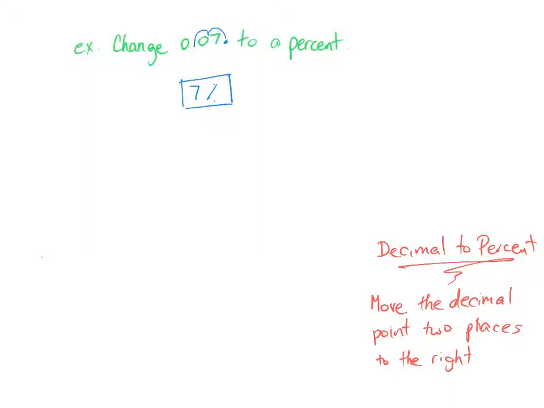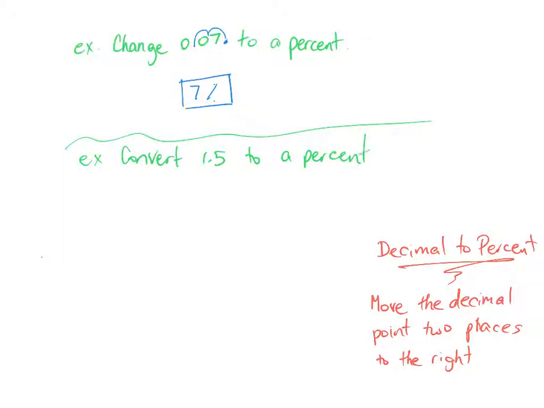Let's try another one. We're going to try one that looks a little bit different, and that might take us to over 100%, which is okay. I want us to now convert 1.5, not 1.5%, but just 1.5 to a percent. Same rule applies. All we have to do is take the decimal point and move it 2 places to the right.